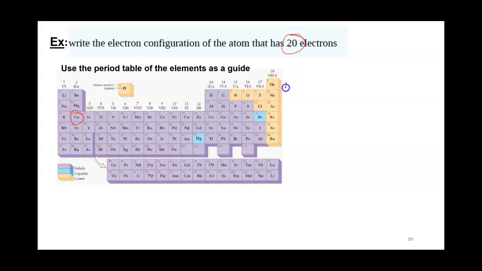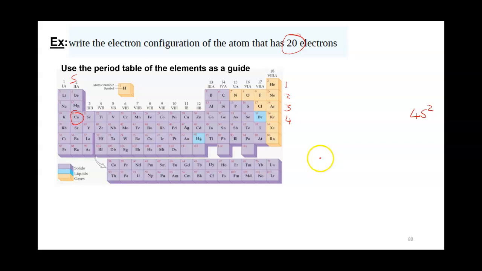It's in row 1, 2, 3, 4 of the periodic table, and it's in the S region of the periodic table. Because it's in the second column of the S region, I know that the electron configuration of calcium will end 4s2.